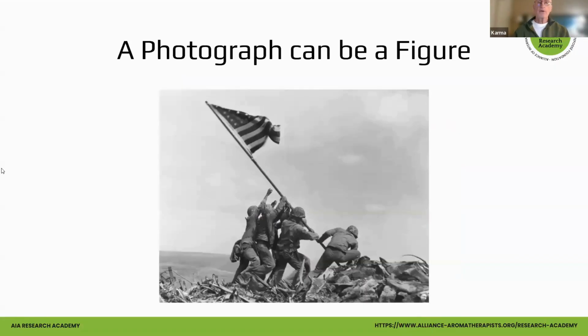Now, a photograph can be a figure. What does this mean? This is the Marines in the Battle of Iwo Jima raising the American flag on Mount Suribachi. Joe Rosenthal in 1945 won the Pulitzer Prize for this image, and it's so perfect that people thought it was faked.